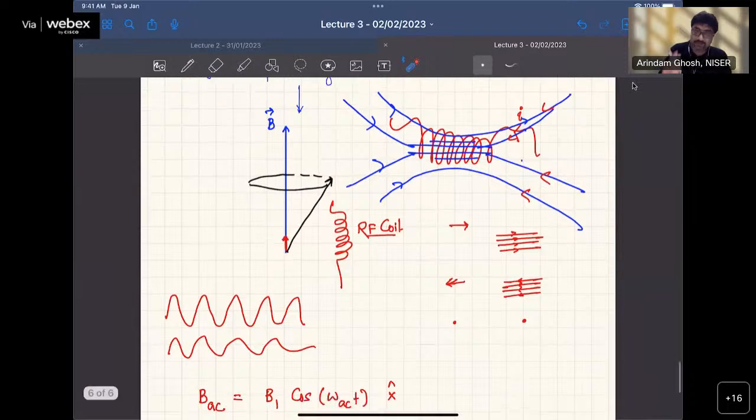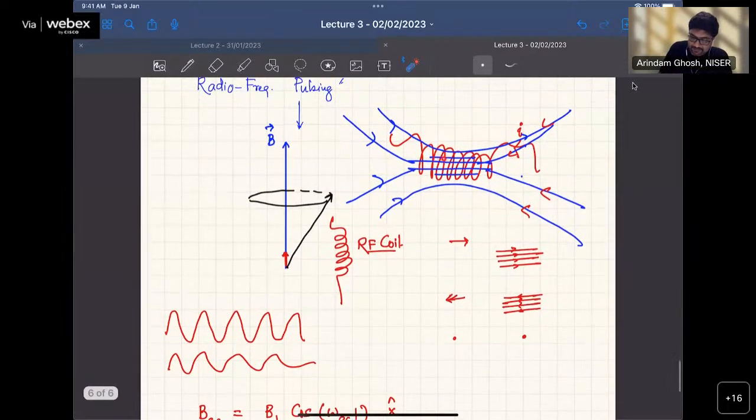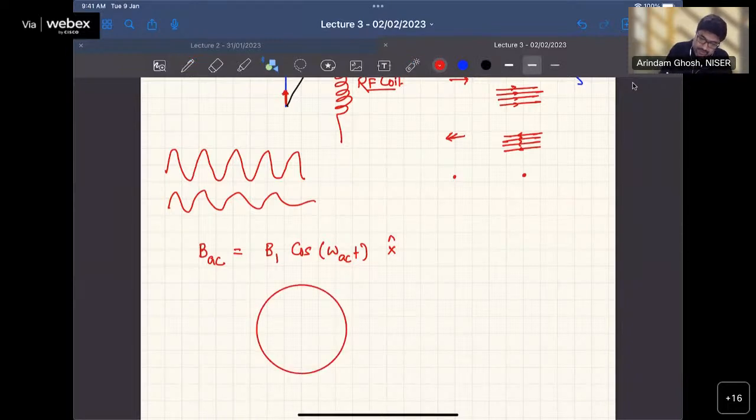However, Professor Hosur was also telling the other day that even if I have a field like this, which is oscillating in the XY direction, any linear field like this can be thought of as two counter-rotating fields.